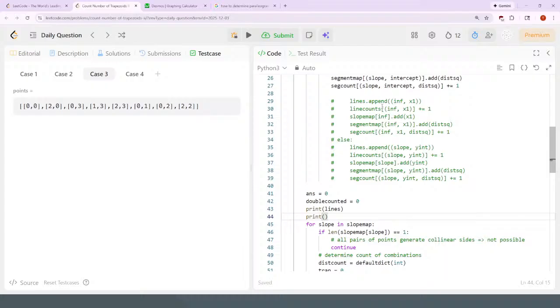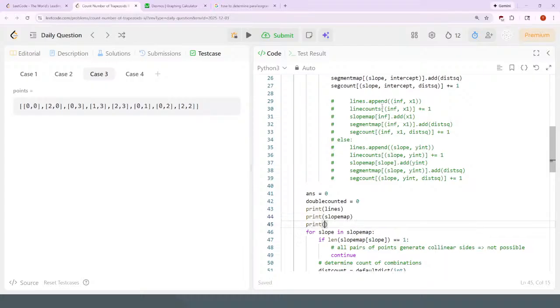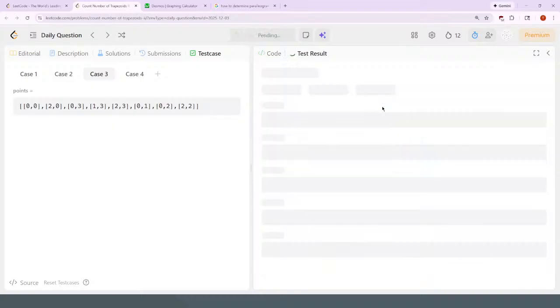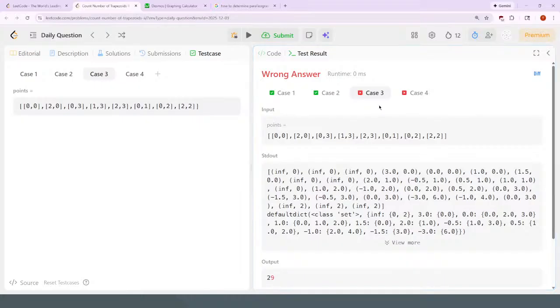Print out the slope map. Print the segment map. Print the segment count. Okay, it's gonna be messy. Diving deep.